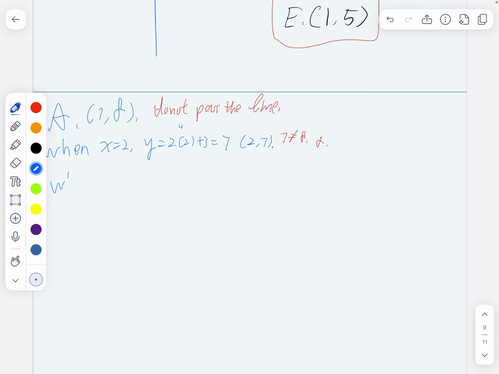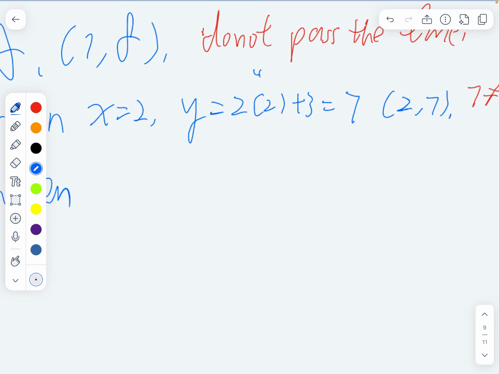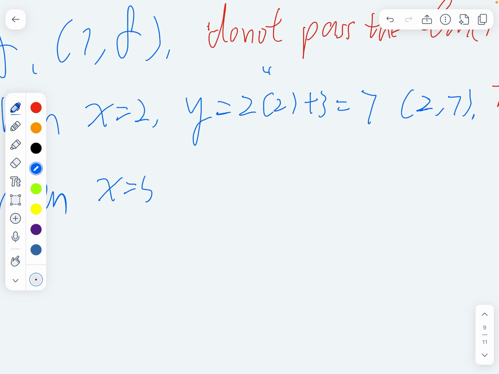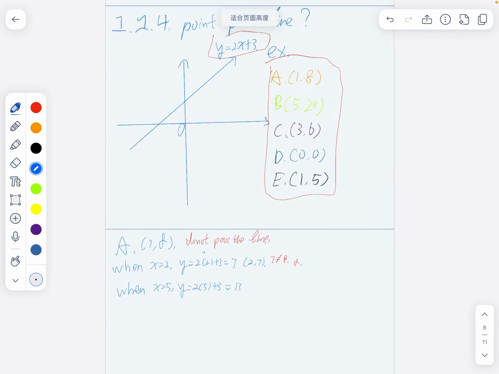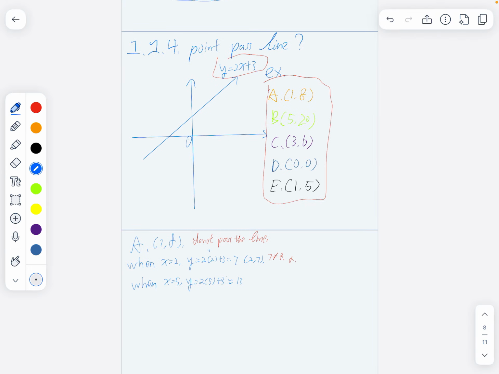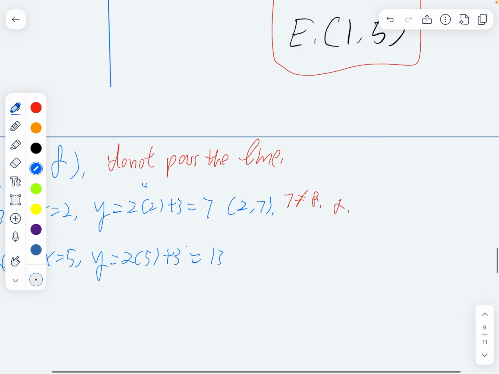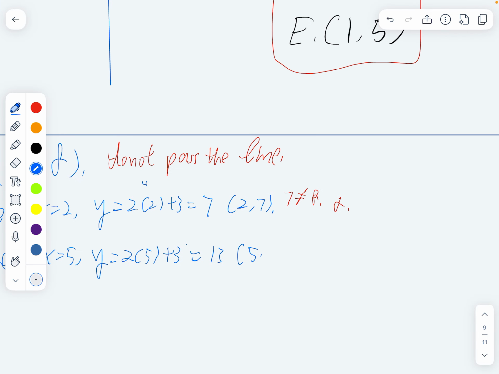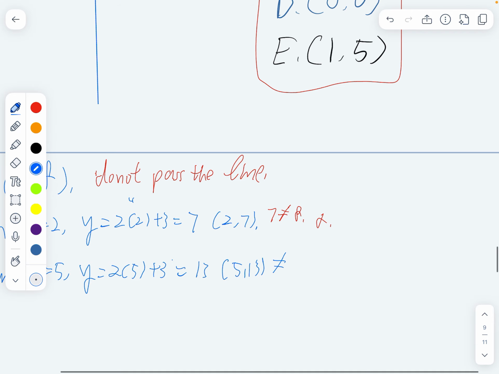The second is B, (5, 20). Where x equals 5, the y equals 2 times 5 plus 3 equals 13. The point is 5, 13, which does not equal 5, 20, so it also does not pass the line.